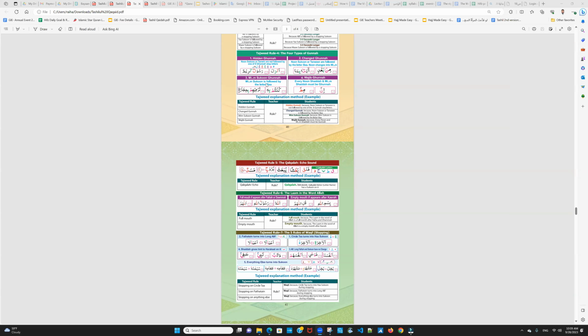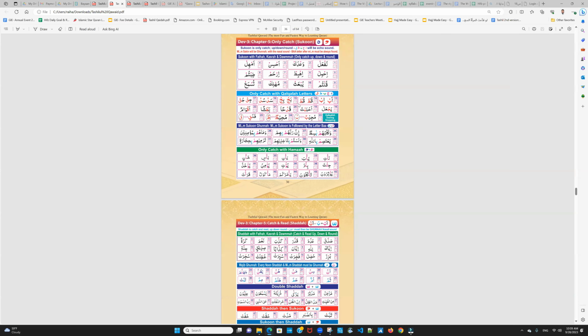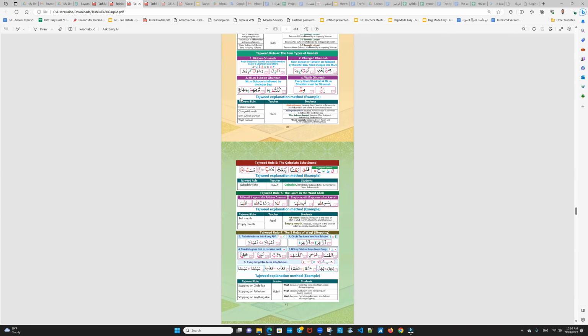And next, in level 6, a student is going to finish the last 2 sounds, which are only catch, and catch and read. And they will learn 2 more tajweed rules, which are rule 6, lam in the word of Allah, and another rule, the 5 rules of waqf.